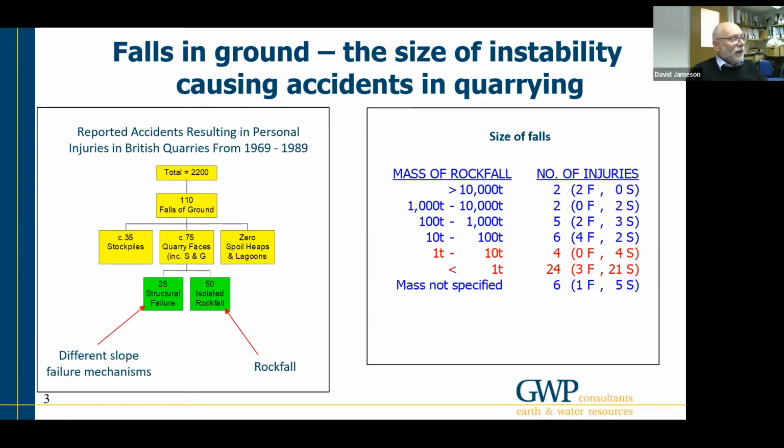And that's why we try and keep people away from the faces as far as possible by the installation of either rock traps at the bottom of faces, or where you'll have to go close to the face, you might want to put some other containment systems in place.